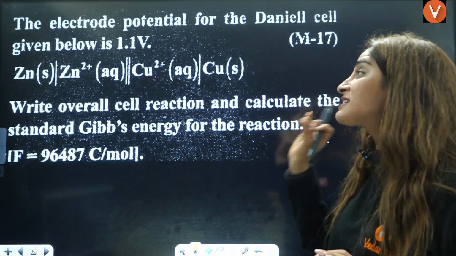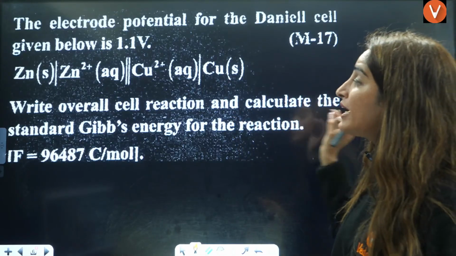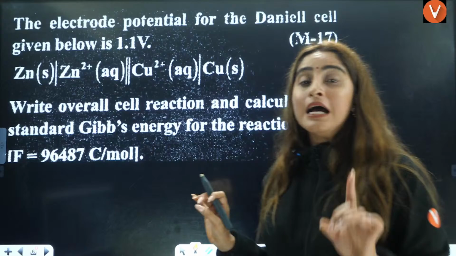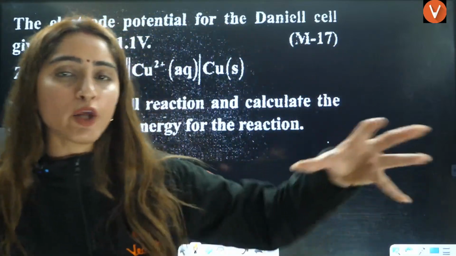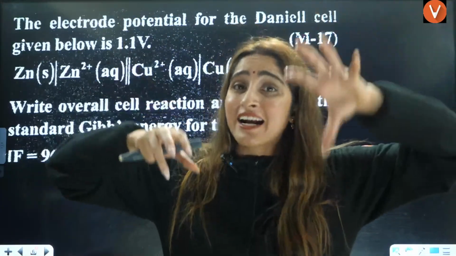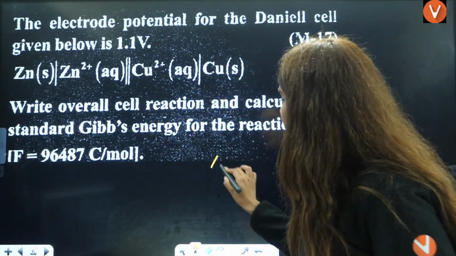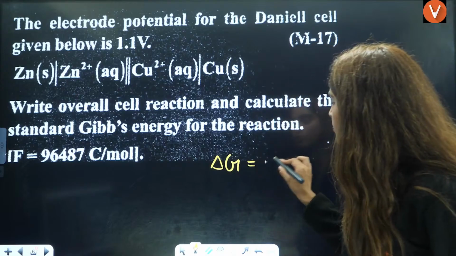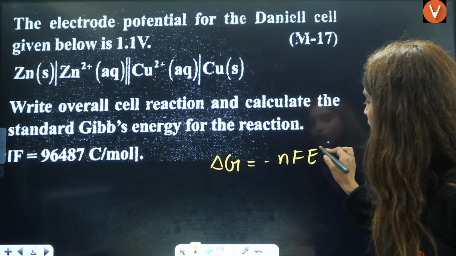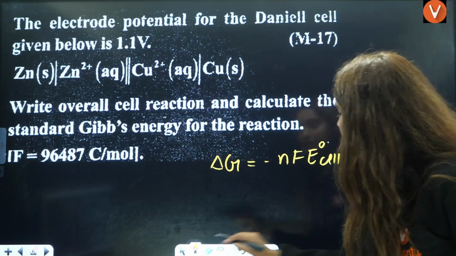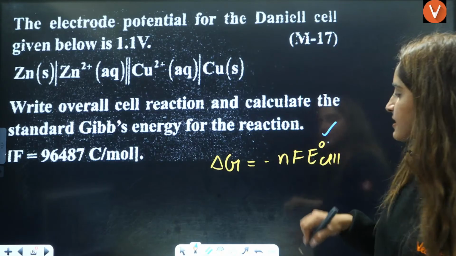Write the overall cell reaction and calculate the standard Gibbs free energy. Whenever they say you have to relate standard Gibbs free energy and the electrode potential, the simple formula is delta G equals minus nFE naught cell, right? This E naught cell is given to you.